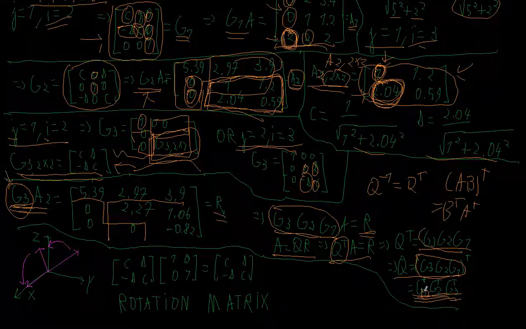You begin with the first rotation and you end with the third one, or if you begin from right and go to left, you begin with the third one instead of the first one, and end with the first one instead of the third one. I hope you understand what I'm saying. It is just the rule for the transpose of matrix multiplication.